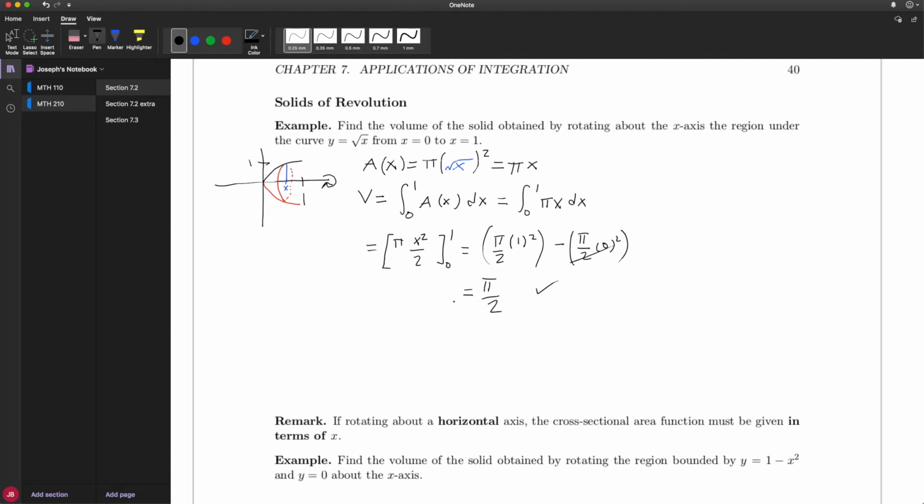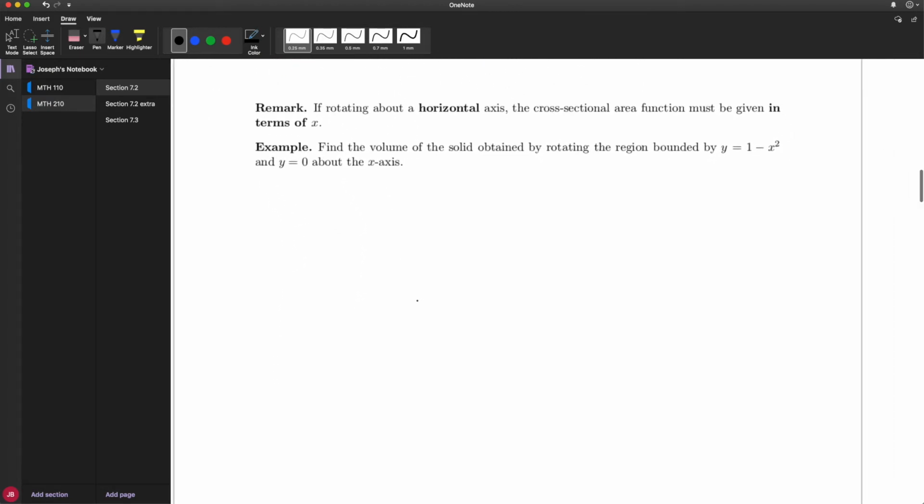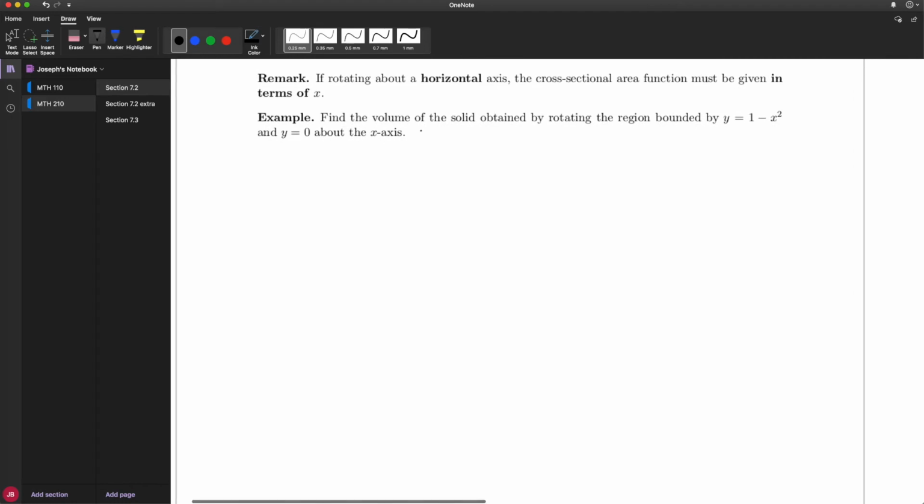Okay? Now we'll come down here to the next problem on page 40. Let's draw the picture. So we got the graph of 1 minus x squared, and we want to rotate the region that it forms with the x-axis.